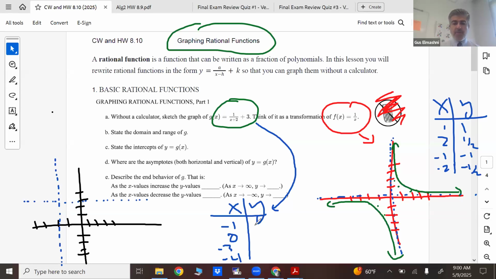So if I plug in negative 1, I should get 4. Plug in 0, I should get 3.5. And I should get 2 and 2.5, I think. Yeah. So you have negative 1 comma 4, 0 comma 3.5, negative 3 comma 2, negative 4 comma 2.5.